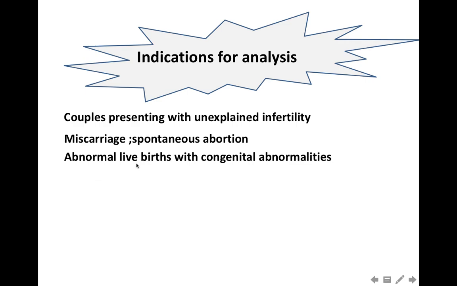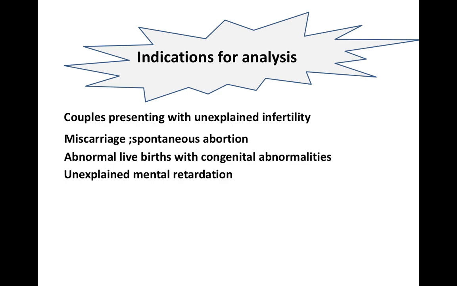A karyotype is also used to test the cause for abnormal live birth with congenital abnormalities. Again, if there is no reason to explain the occurrence of congenital abnormalities, like any disease that the mother suffered from during pregnancy, or if she didn't take any drugs during pregnancy, or if it is repeated in the family, then you also ask for a karyotype from the baby.